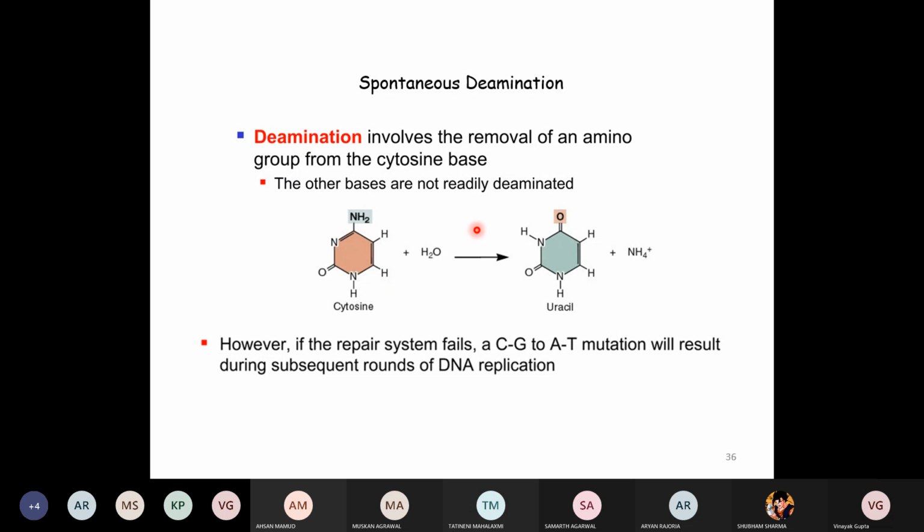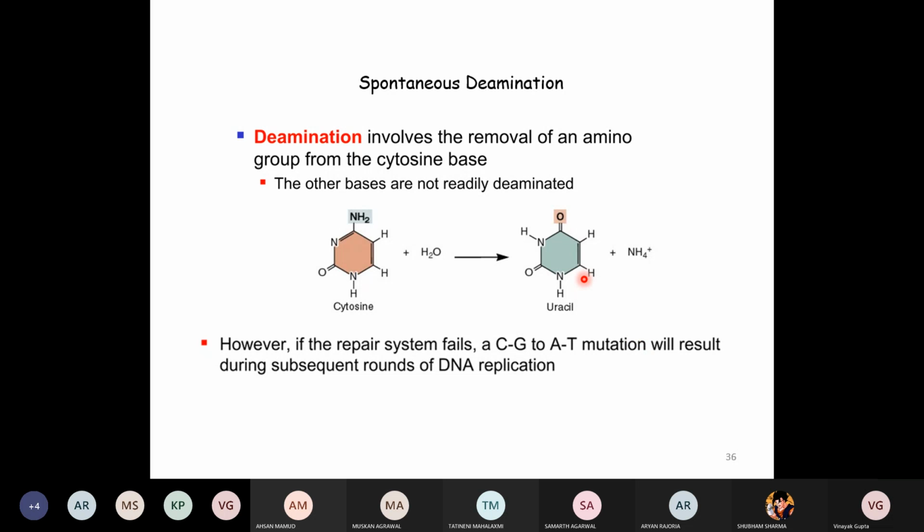Certain nucleotides need some extra reagent, and only after that will they go through deamination. But cytosine can go through spontaneous deamination. And what is the outcome? "CU." Generally we say on WhatsApp, see you, see you later. In the same way you can remember that cytosine is deaminated to uracil.